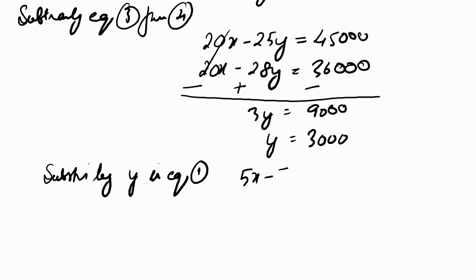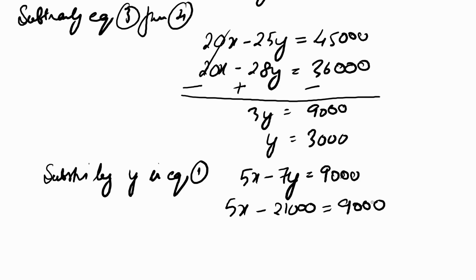This will become 5x minus 7 times 3,000, which is 21,000, is equal to 9,000. So 5x is equal to 30,000. X is equal to 6,000.